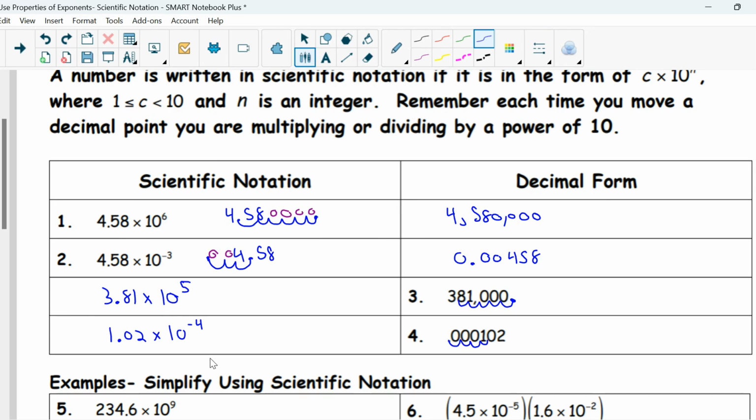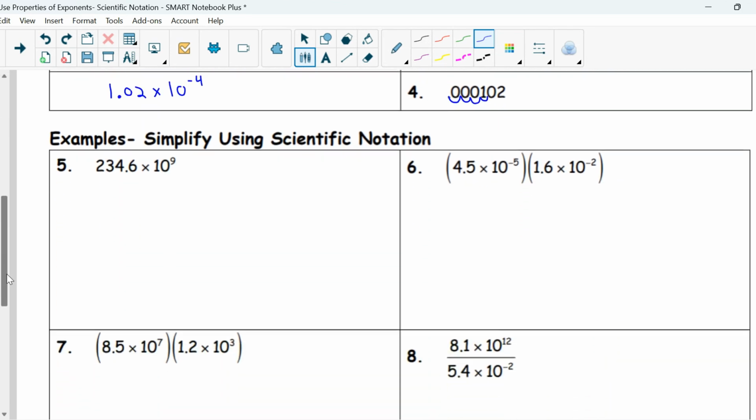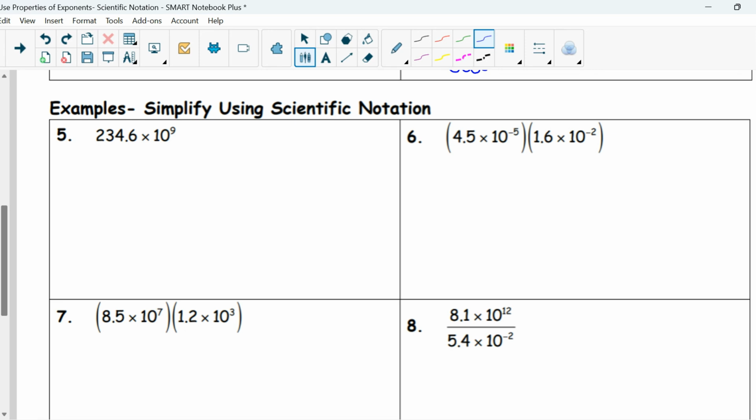Okay. So examples that we'll be working with in class look something like these. You will have your c values, and then you will have 10 to the nth power. So using scientific notation, we are trying to simplify our scenario here so that it's in scientific notation. So right now, in number 5 here, we are not in scientific notation because we have 234.6. We need a single digit number.